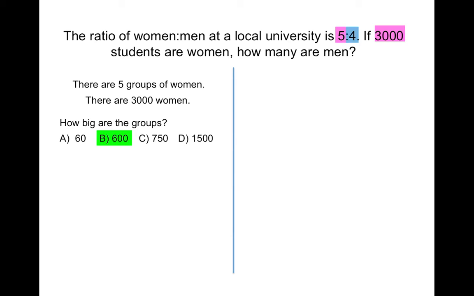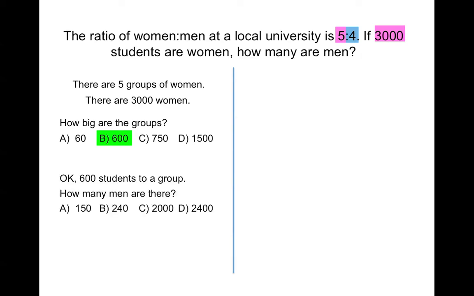The problem is asking how many men attend the university, and it also tells us there are 4 groups of men. So if there are 600 students in a group, how many men are there? 2,400 men attend the university because 600 times 4 is 2,400.